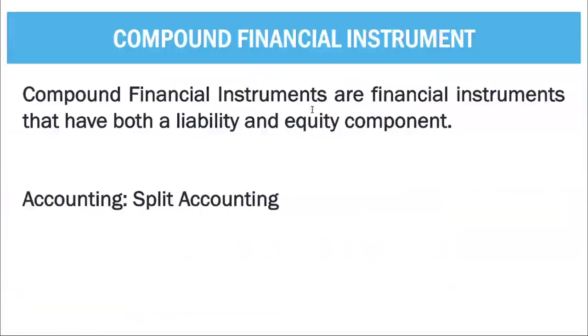So what is a compound financial instrument? Compound financial instruments are financial instruments that have both a liability and equity component. So instead of only one, it's either liability for investment in bonds or equity for investment in equity securities.